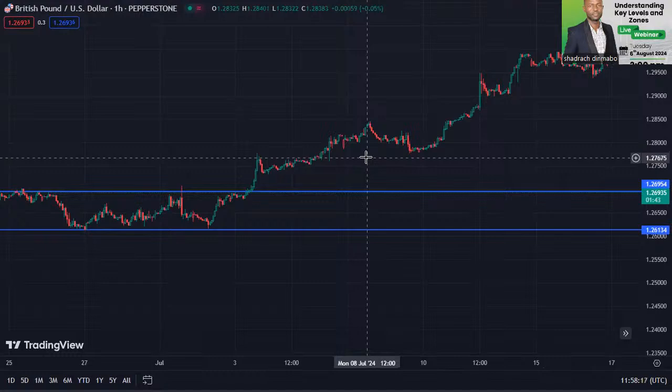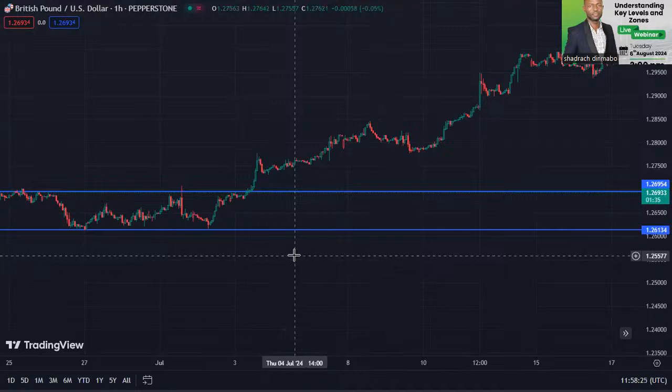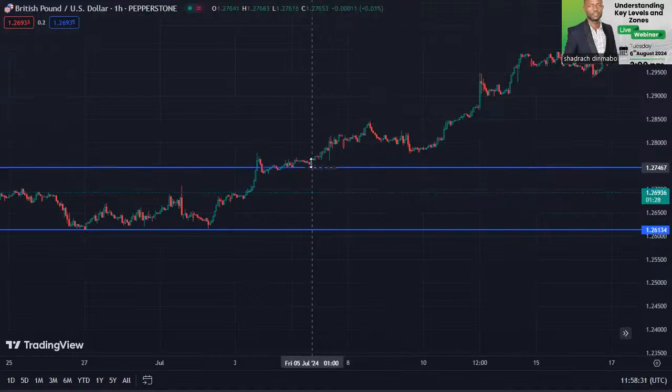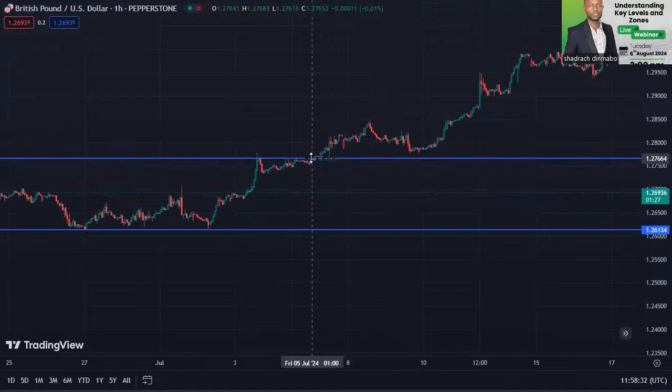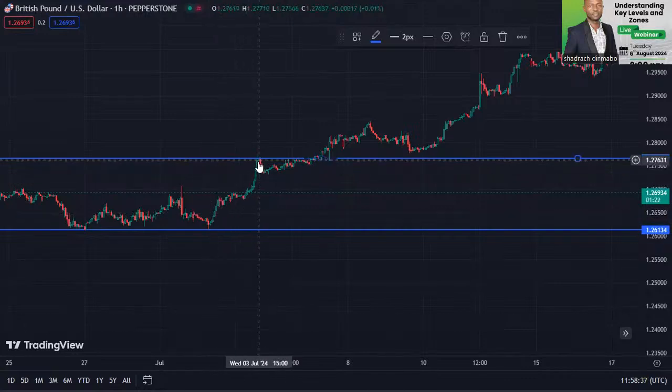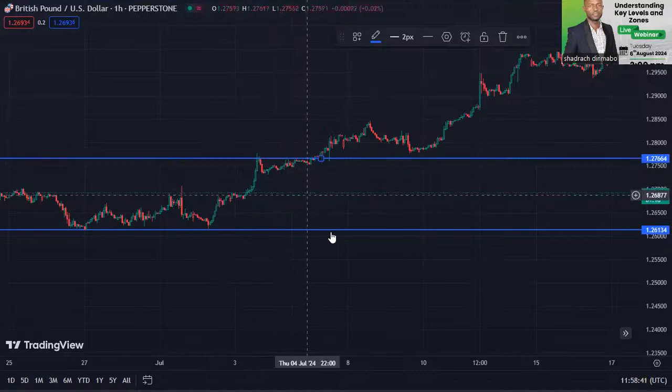Now, like I said, we are looking at that point in the market that has reacted as a support level. If you see this market here, at this particular point, you will notice that this market went up, got to this point, and retraced, meaning that there is a resistance at that point.